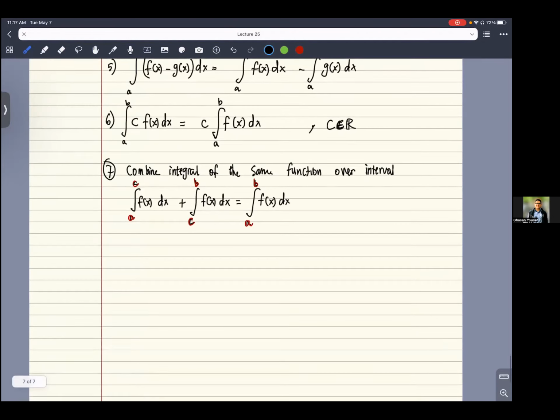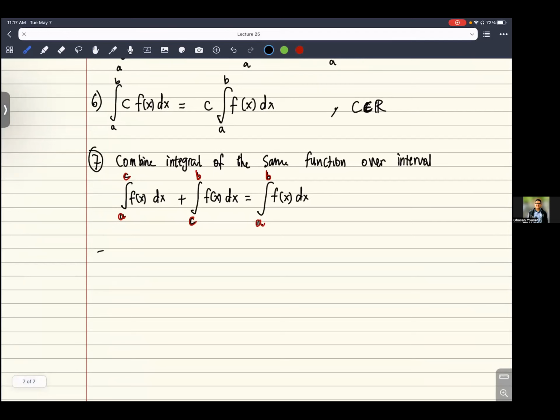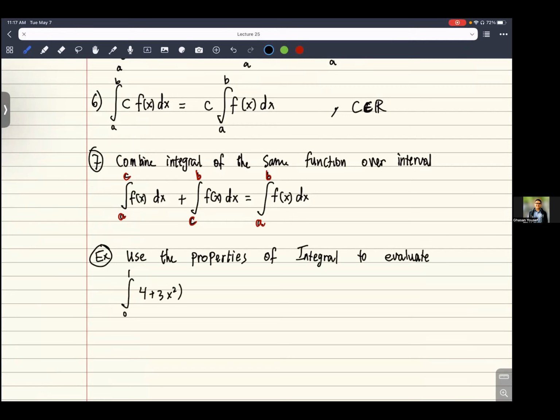Okay, I'll give you an example. Use the properties of integral to evaluate the integral from 0 to 1 for the function 4 plus 3x squared, dx.